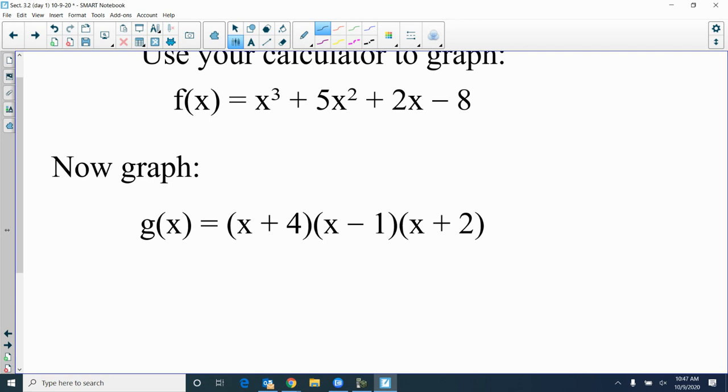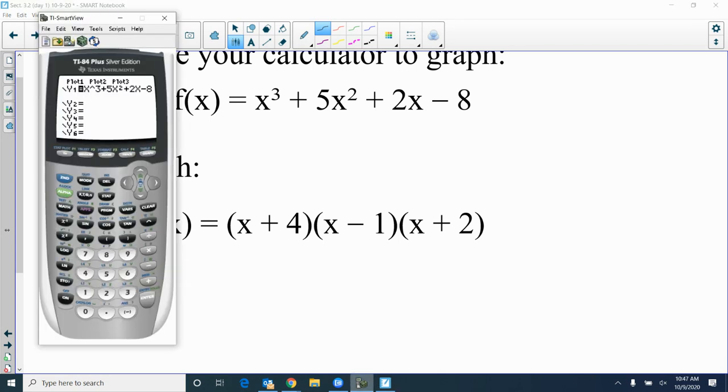Ryan? No, they're exactly the same, right? So you got x plus 4. How can that happen? That's crazy. X plus 4 times x minus 1 times x plus 2. So you look like, hey, there's nothing new. If you want to know if they're really the same, go to your table. Y values have got to be the same.